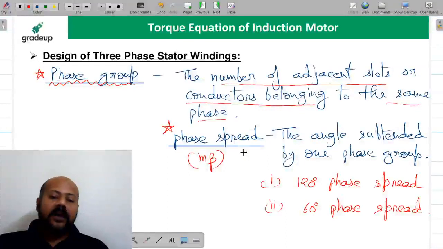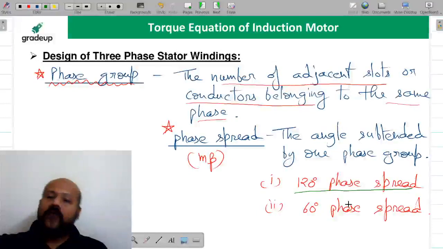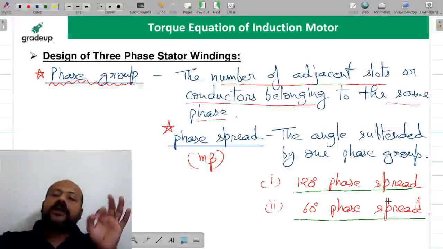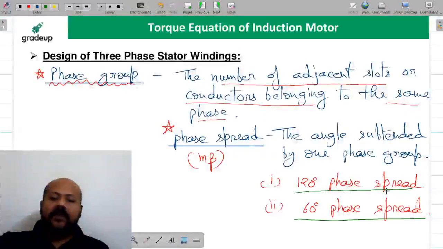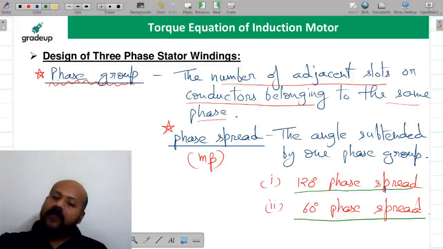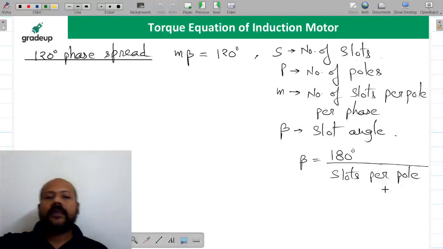Now this phase spread, in case of induction machine stator windings, generally we have 2 types of configurations. Number 1 we call 120 degree phase spread, and number 2 we call 60 degree phase spread. We will read some details about them, but before that let us see how the 120 degree phase spread and 60 degree phase spread look.